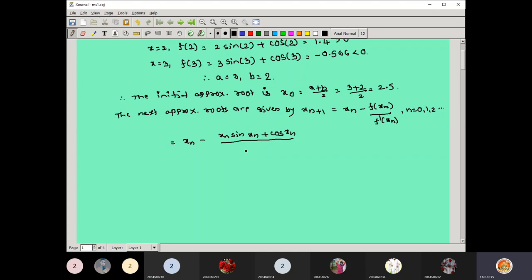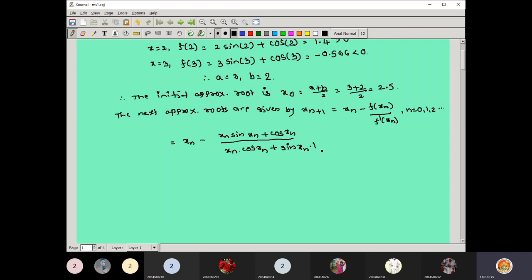How to calculate the derivative? For the given function, the first term is the uv rule. You keep u as it is, the derivative of sine is cos, plus you keep the second one as it is, sine xn, and the derivative of xn is 1.